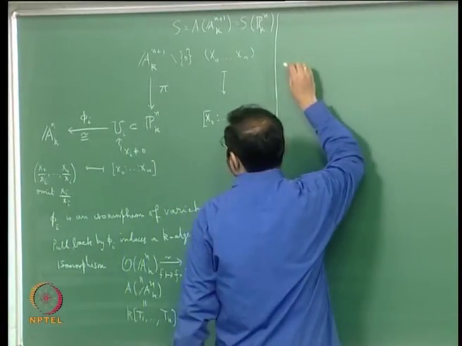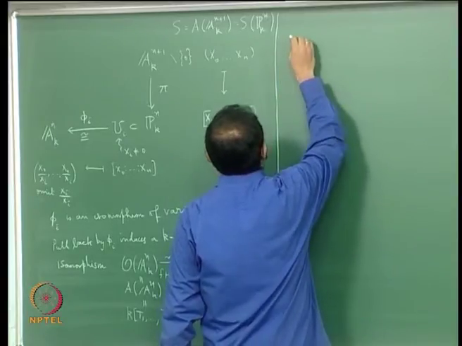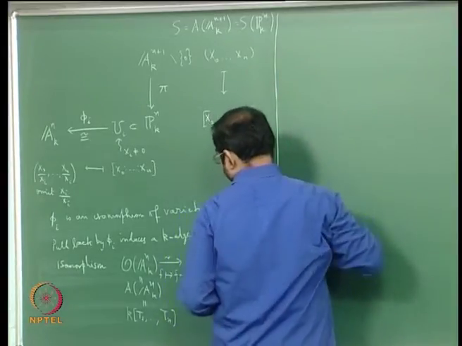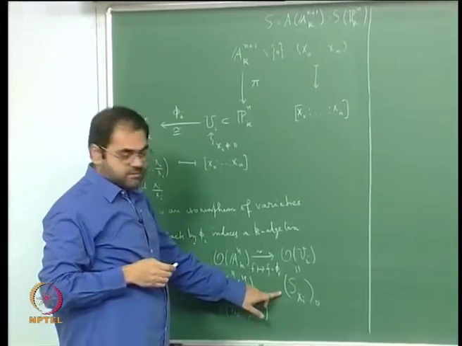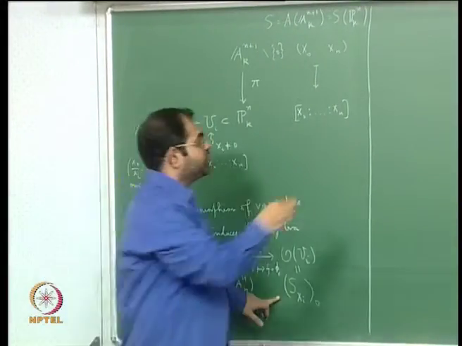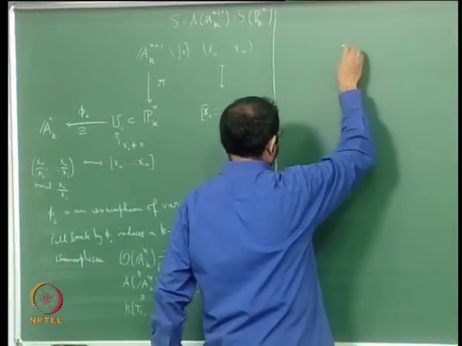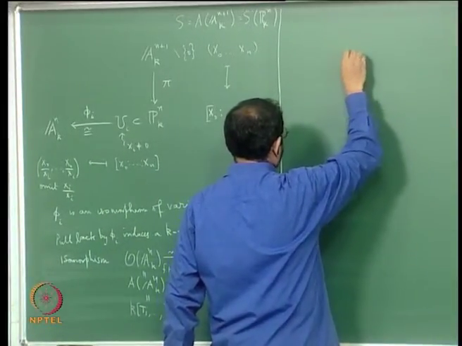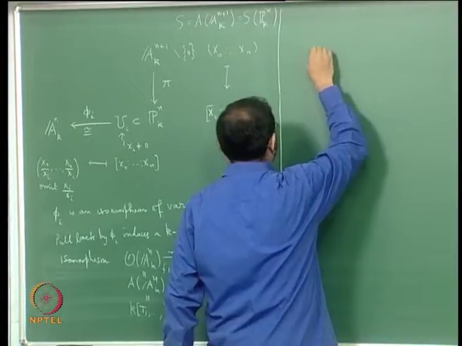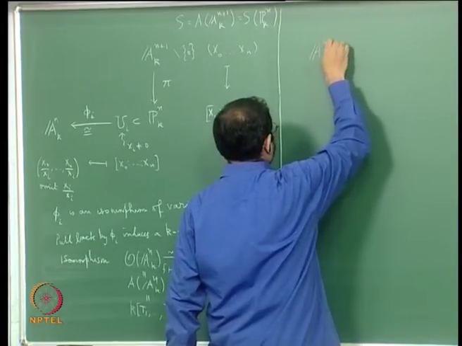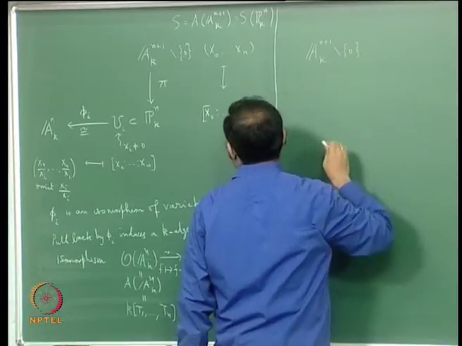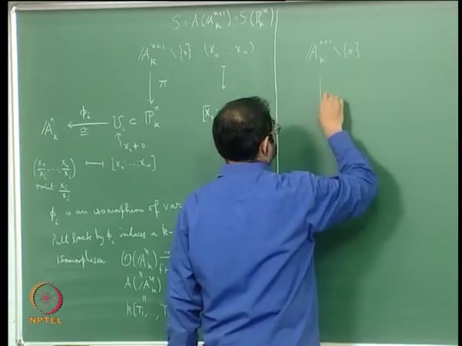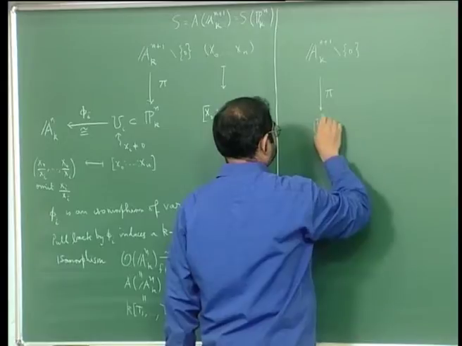The first thing that I want to tell you is why the regular functions on ui are given by this ring. So the situation is like this. Let me draw a diagram. I have an affine space, here is n plus 1 minus the origin. This is the punctured n plus 1 dimensional affine space, and this is the projection onto the projective space.